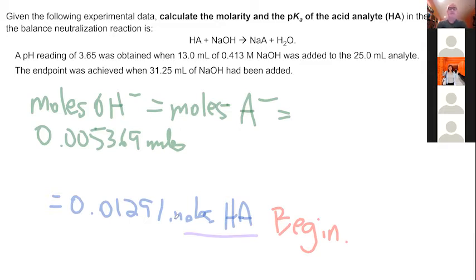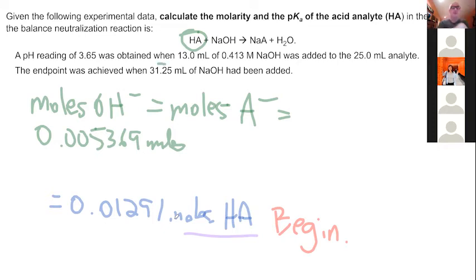So in the beginning, there was our weak acid. And we figured out how much weak acid there was by figuring out the endpoint, or the equivalence point. That's achieved when our moles of acid, H plus, and moles of base, OH minus, are equal.